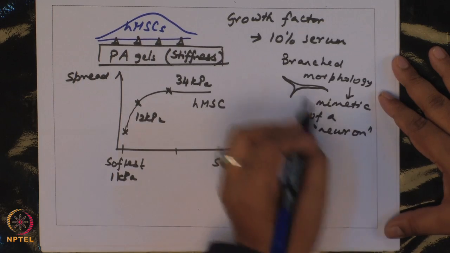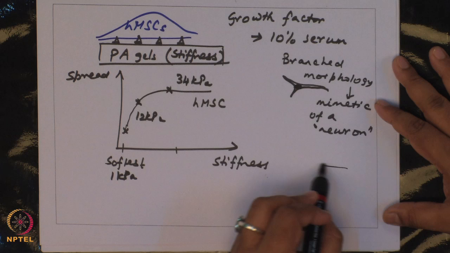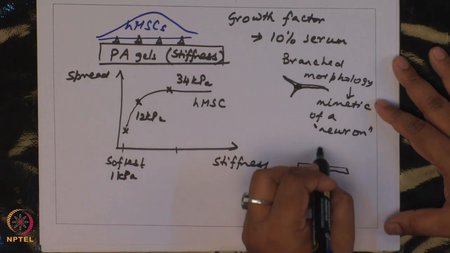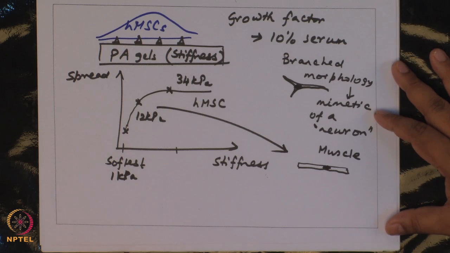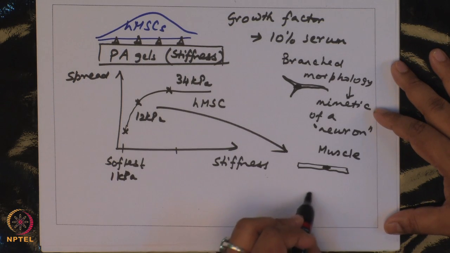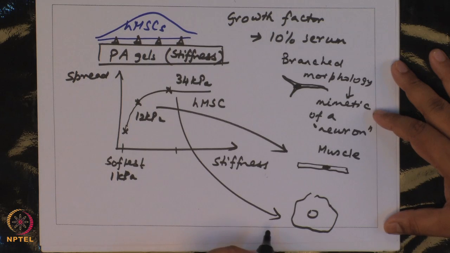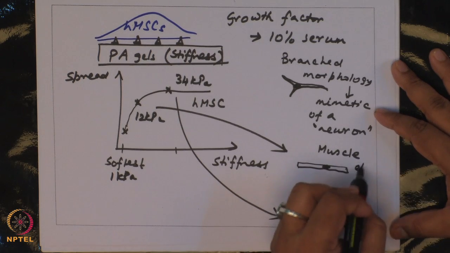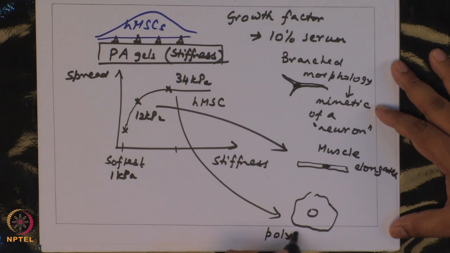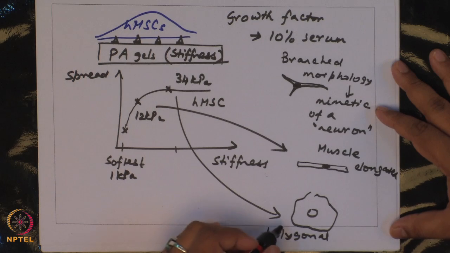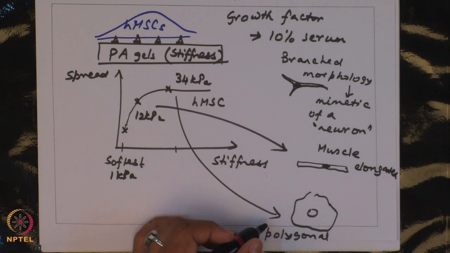This is your nucleus. On the intermediate surface, the cells looked more like those of muscle, and on 34 kPa, cells looked more polygonal. So there was elongated morphology on muscle-like environments and polygonal on the stiff environments. And similarly, they observed a similar shape on glass.